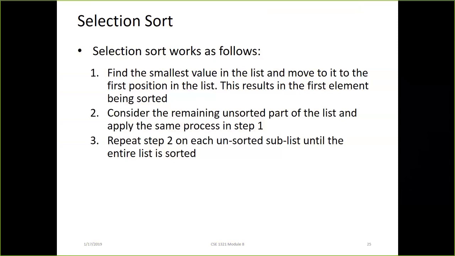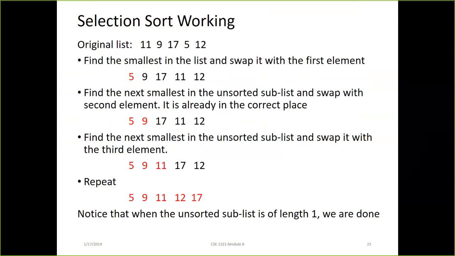It may be the same size, and then you put that in the second position. In this way, you continue your selection sort to the end. So, for instance, here I have the original list of 11, 9, 17, 5, and 12.